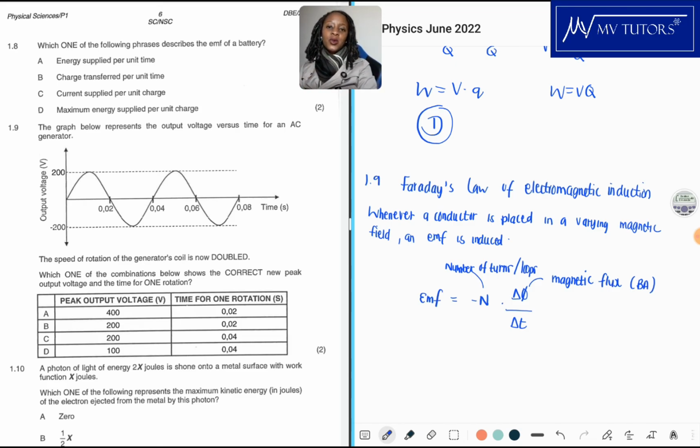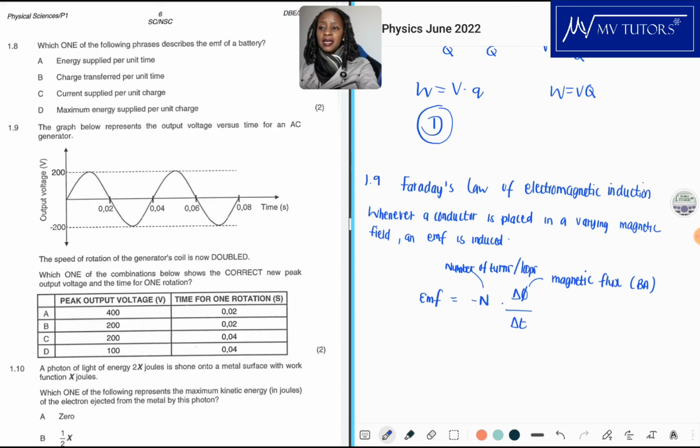So Faraday's law of electromagnetic induction says whenever a conductor is placed in a varying magnetic field, an EMF is induced. As such, you can see that the EMF is equal to the number of loops multiplied by the magnetic flux per unit time, with a negative in front there.